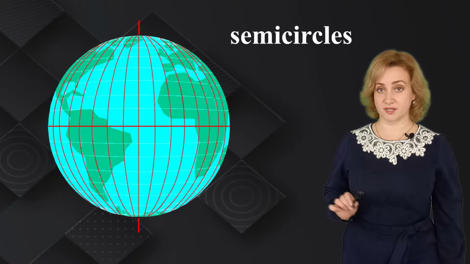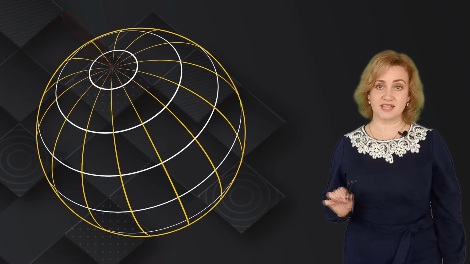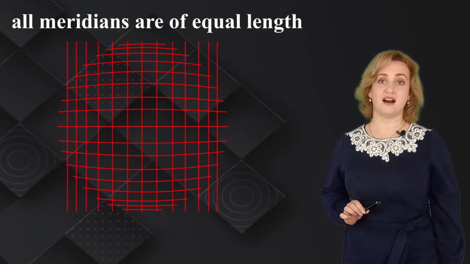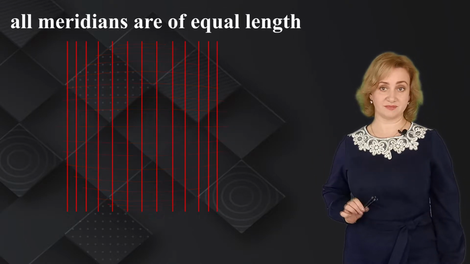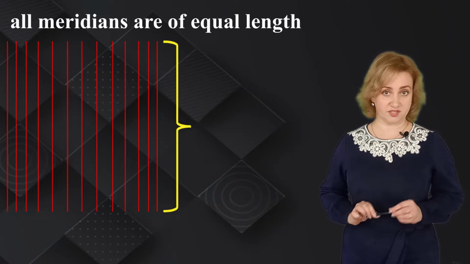They are semicircles, and the distance between them decreases steadily polewards until it becomes zero at the poles where all the meridians meet. Unlike parallels of latitude, all meridians are of equal length. Thus, it was difficult to number the meridians.